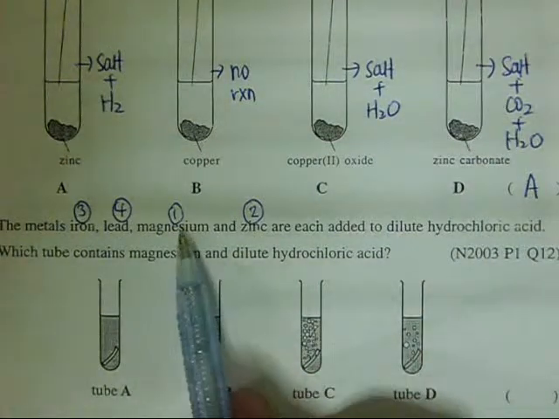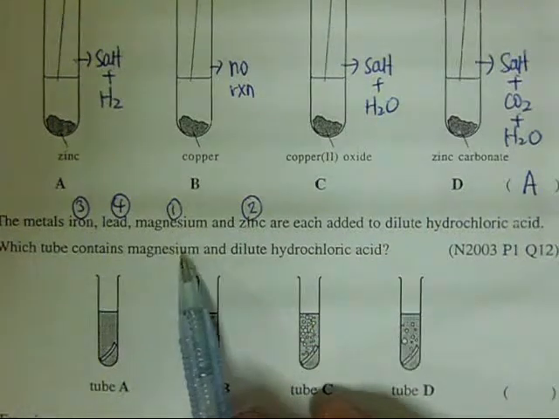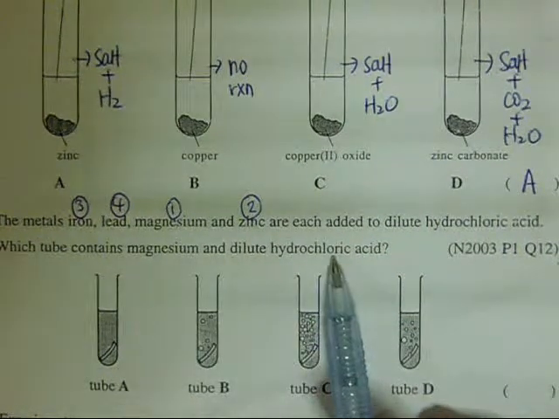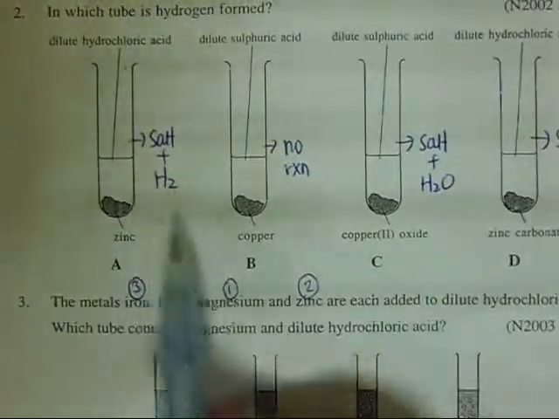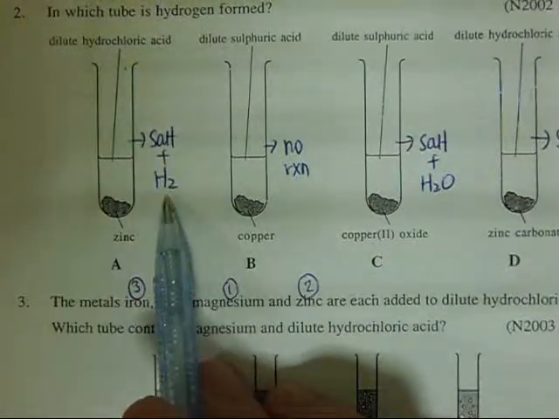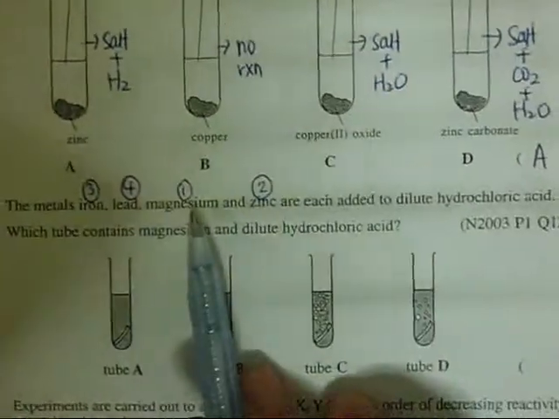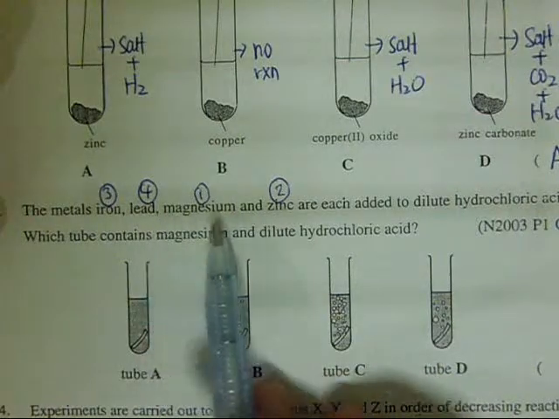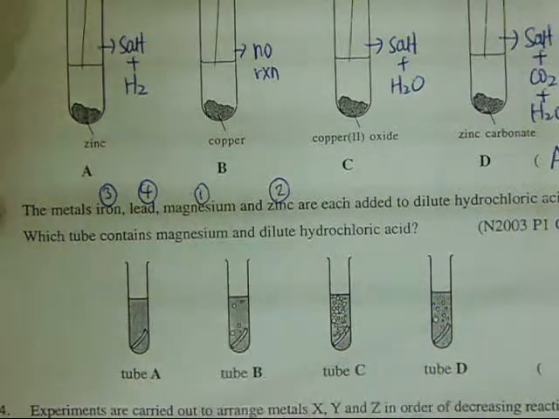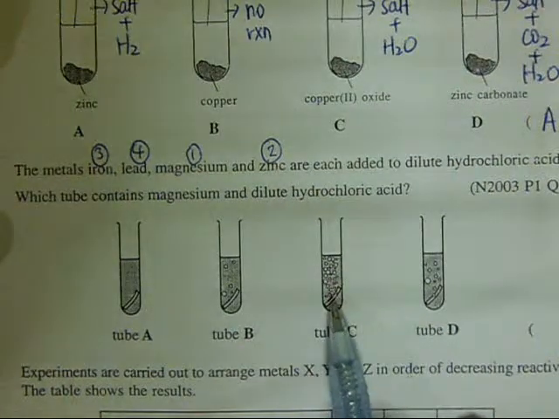So the most reactive metal, which is magnesium, when it reacts with hydrochloric acid, you get, from the previous question, metal and hydrochloric acid, you get salt and hydrogen. Now, since magnesium is the most reactive metal among these four, it would give the most amount of hydrogen, meaning that it would give the most amount of bubbles.